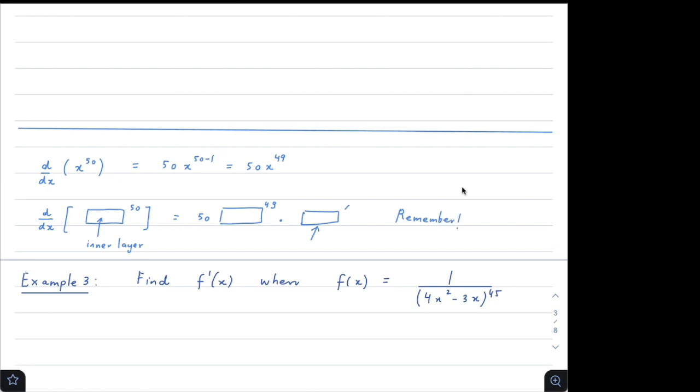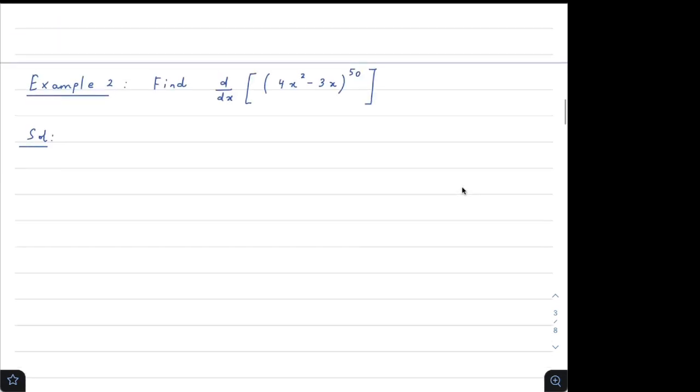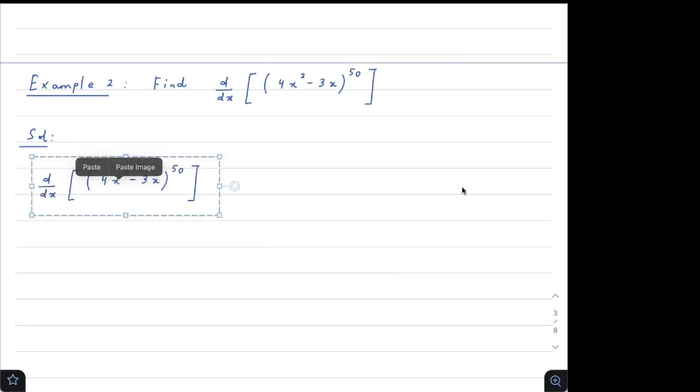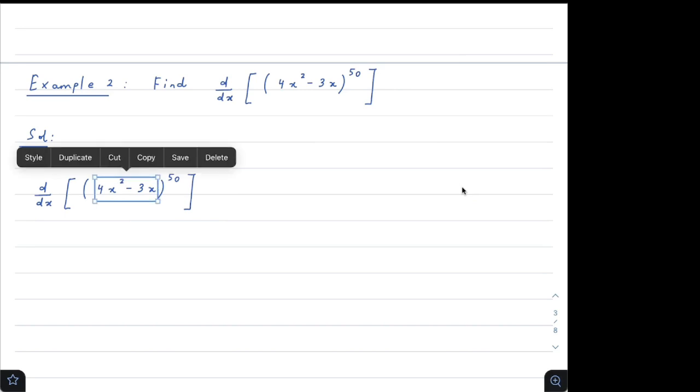Okay, let's apply this to the given problem. We want to find the derivative of this function. This function is something to the power 50, this box to the power 50.